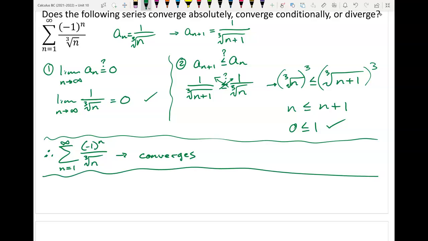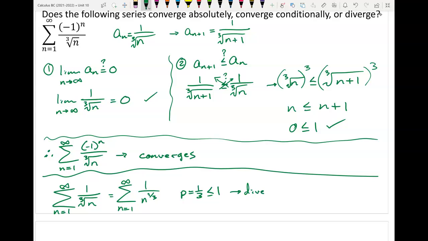So n equals 1 to infinity, take out the alternator, and I have this. What kind of series is that? P series. What is our P? 1/3. So is this one without the alternator convergent or divergent? P equal to 1/3 is less than or equal to 1, so that diverges.